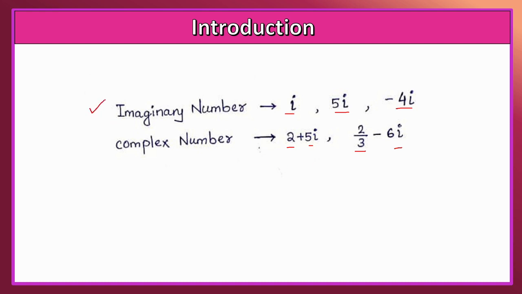So this is the basic difference between imaginary number and complex number. If somebody asks whether an imaginary number is a complex number or not, yes, it is a complex number. You can say imaginary numbers are a subset of complex numbers. So these are included in the complex numbers.